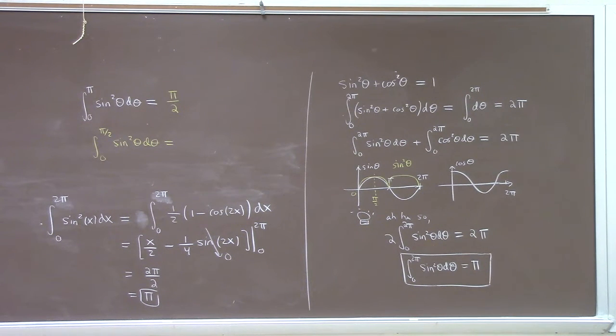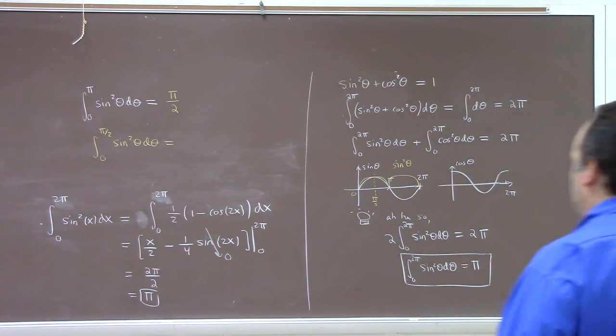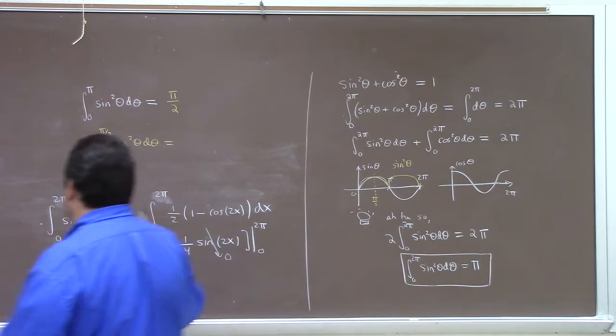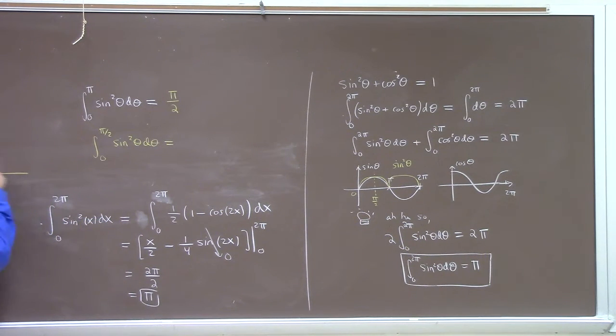The shape is different, but if you look at the set of values that are attained there. If I look at the graph of sine squared from 0 to pi over 2, it looks something like this, roughly speaking.